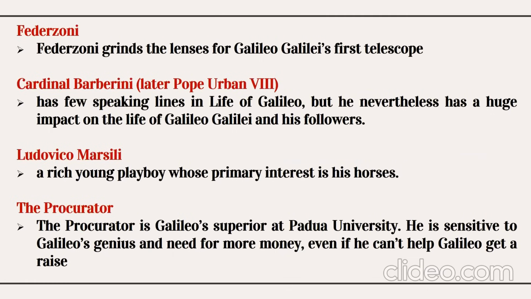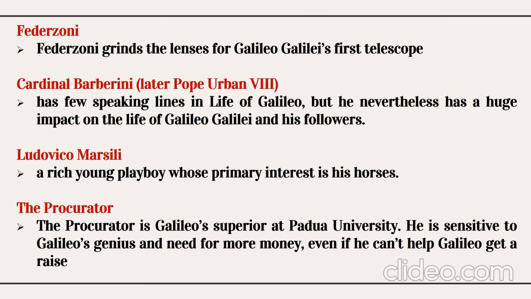Then Federzoni grinds the lenses for Galileo's first telescope. Then we have Cardinal Barberini, who becomes Pope Urban VIII, has a few speaking lines in The Life of Galileo, and he nevertheless has a huge impact on the life of Galileo and his followers.